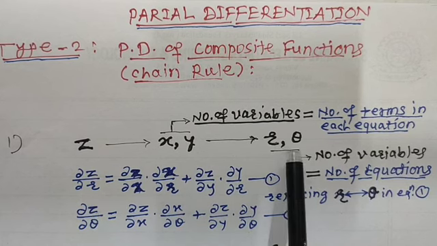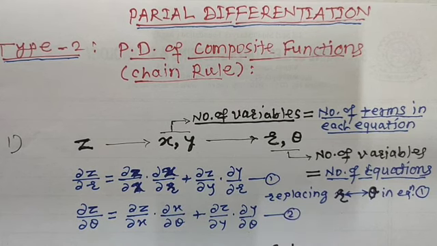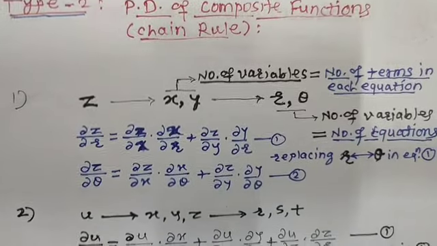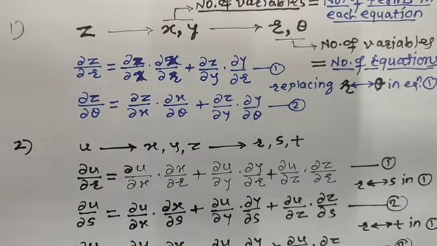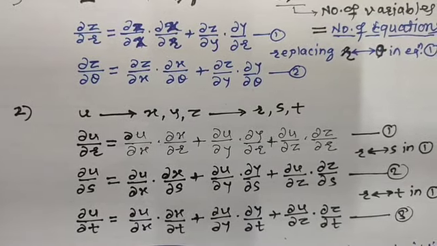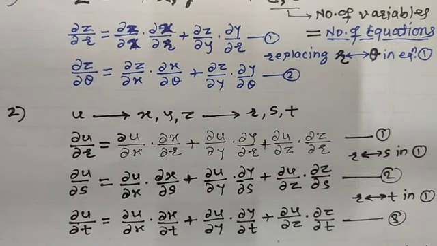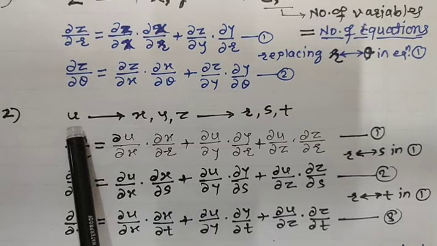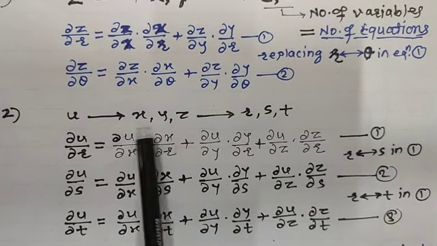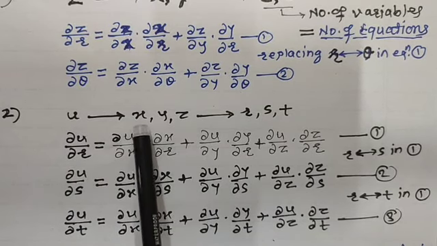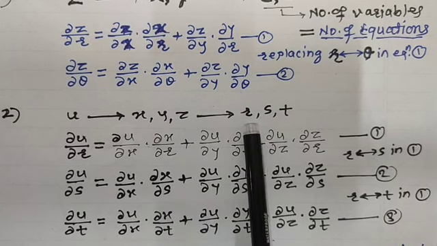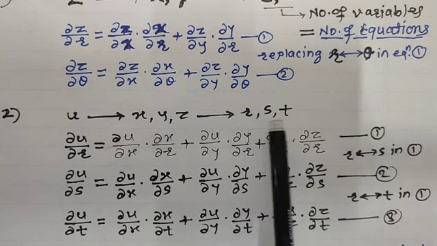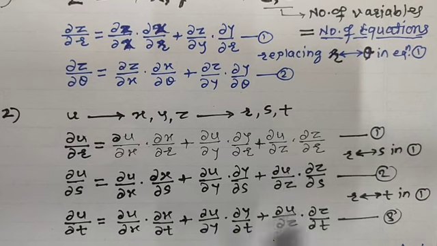This is the first flow diagram. Let us consider flow diagram 2. This is the second flow diagram. Here u is a function of three variables x, y and z, and these three variables are functions of again three variables r, s and t.